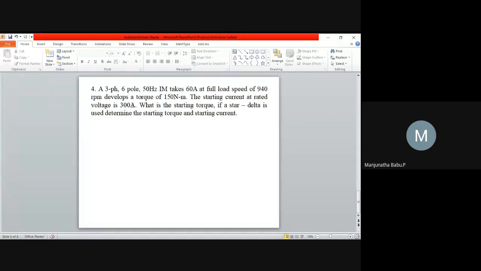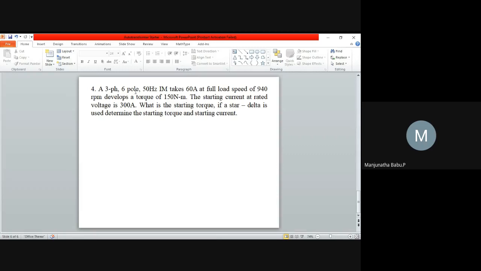Now T start by TFL is equal to X square into I start by IFL whole square into SF. We don't know the slip, but we know the actual speed. So find NS.